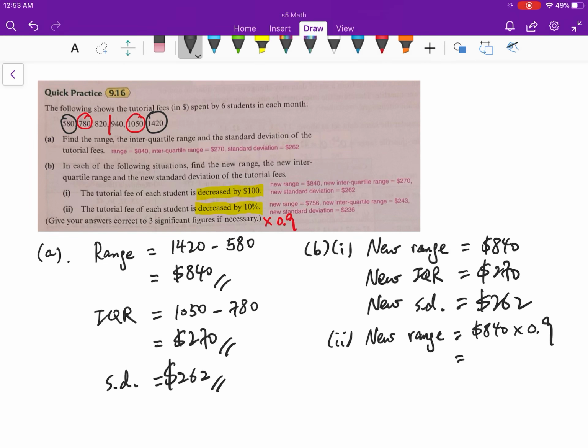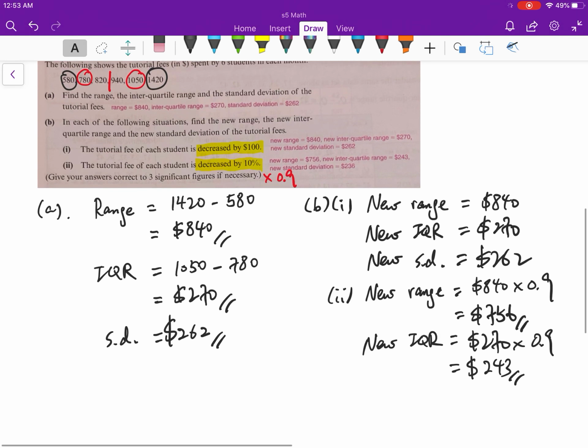Then you get a new range, which is 840 times 0.9, so you get 756. Similarly, you get new IQR, 270 times 0.9, so you get 243.